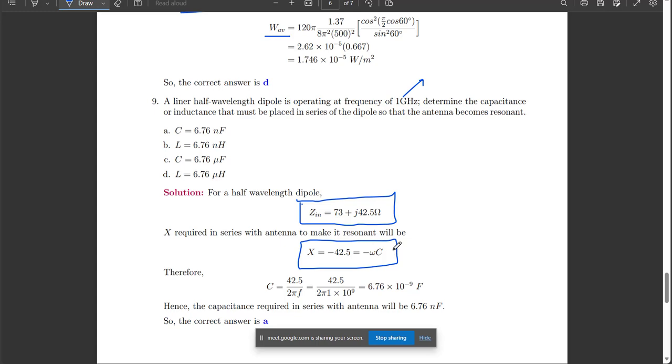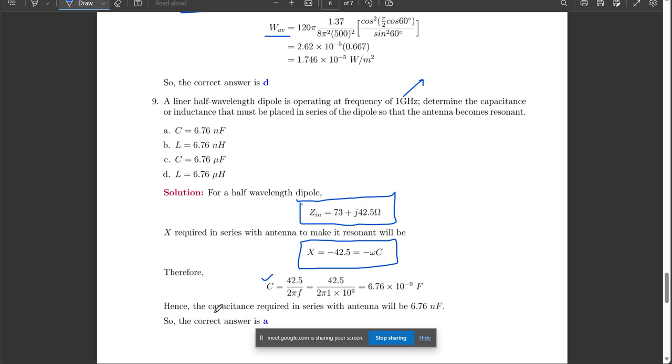It's a negative term, right? So this reactance can be given by a capacitor. The magnitude of the capacitor's reactance will be 42.5, and X is equal to minus 1 upon omega C. We know the value of omega, 2 pi f. Put it here, and we will be able to find the capacitance required.